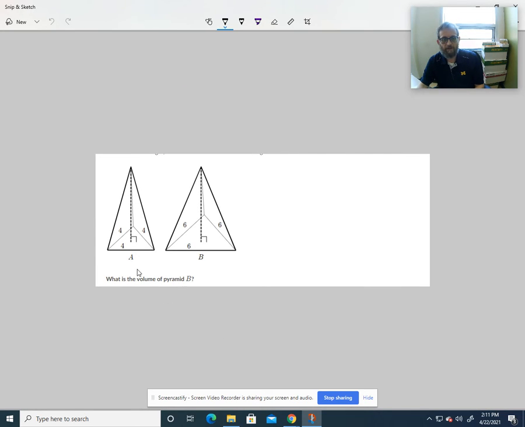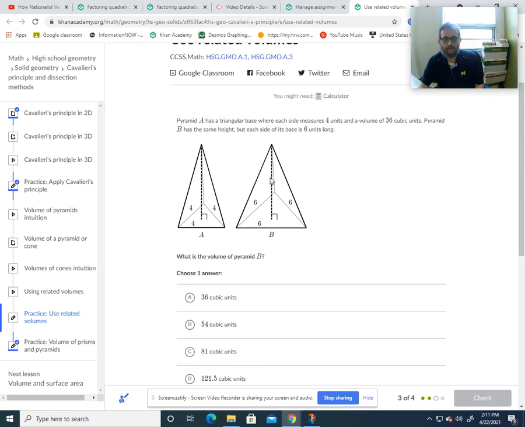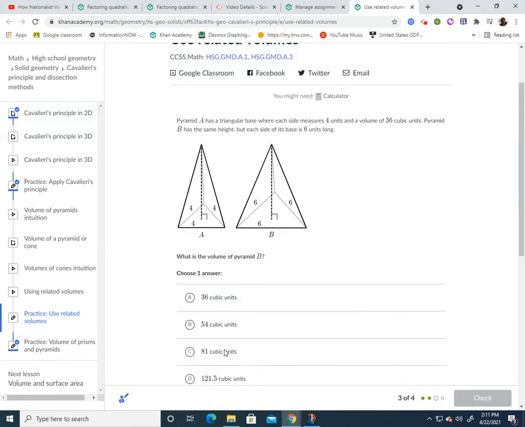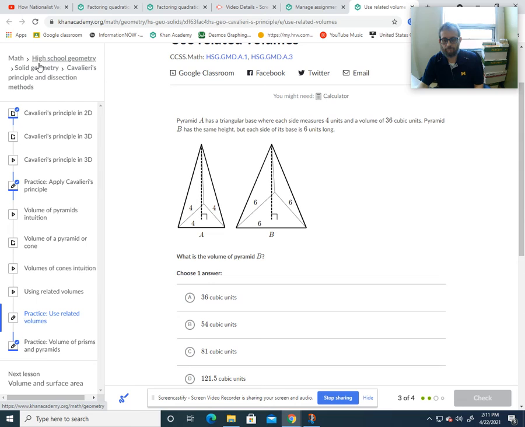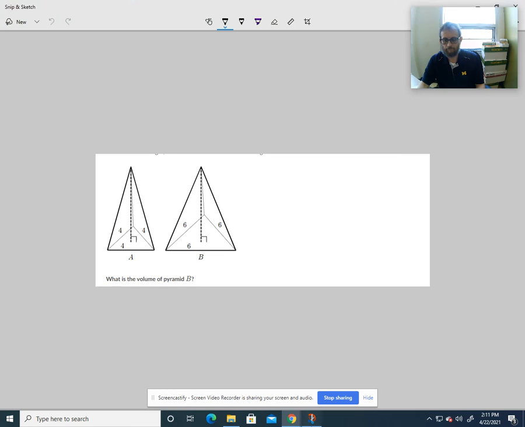So, what we know, and I'm going to go back because I should have copied it, but I didn't, is that this first one has a volume of 36 cubic units. Well, what's the relationship here?